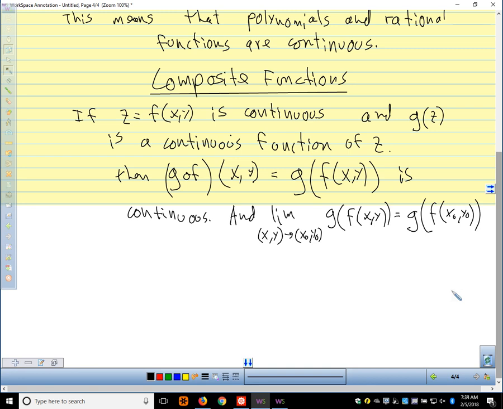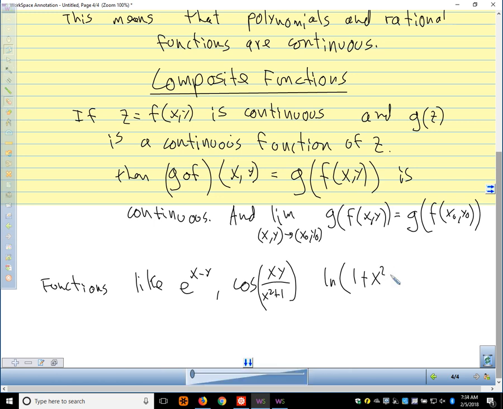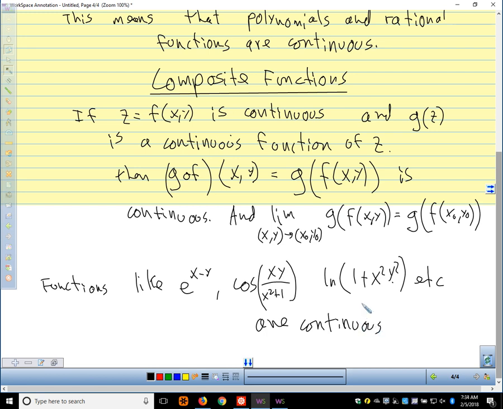So what this tells us is that functions like e to the x minus y, cosine of xy over x squared plus 1, the natural log of 1 plus x squared plus y, or x squared y squared, etc., are continuous where defined.